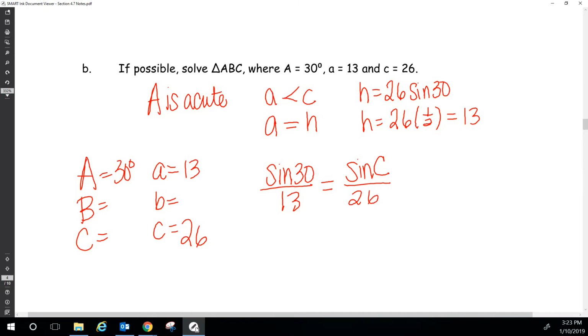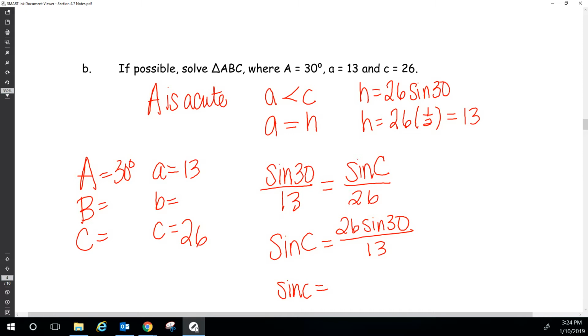All right, so I'm going to multiply this 26 over. I'm moving the sine C to this side and everything else over here. So it's 26 times sine 30 over 13.